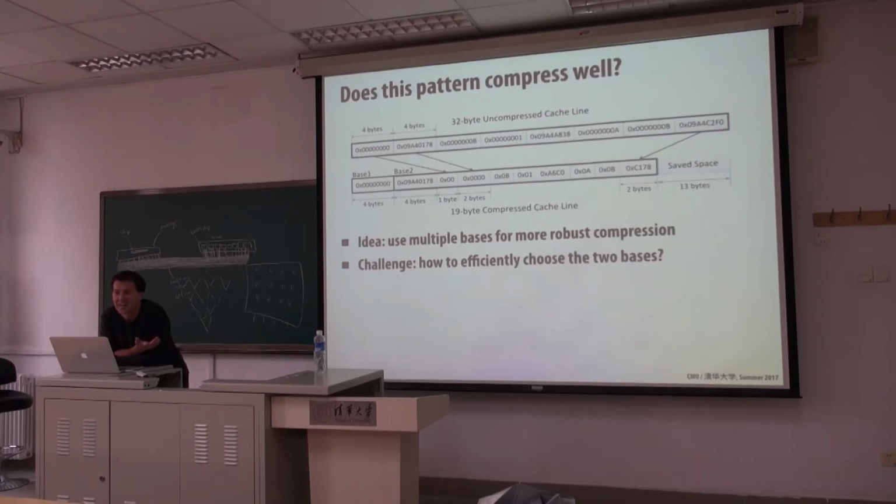The problem with that is if the first and the second number are about the same, then that's about as good as one base. Right? So I need to somehow look over all the data to figure out that there's something far enough away. And then the other problem here is now my compression is not as good, right? Because I have to store two full values, not just one.